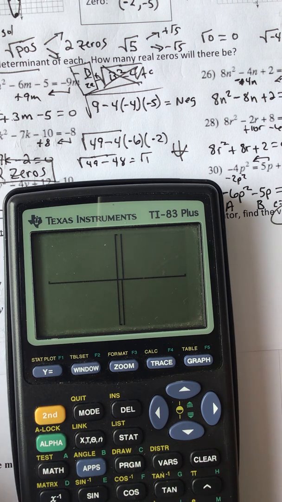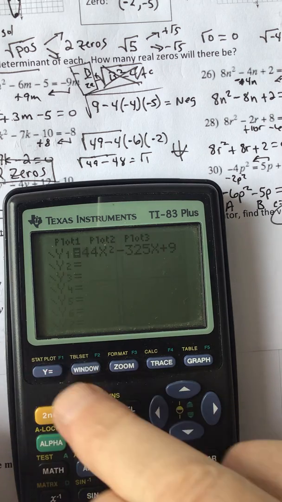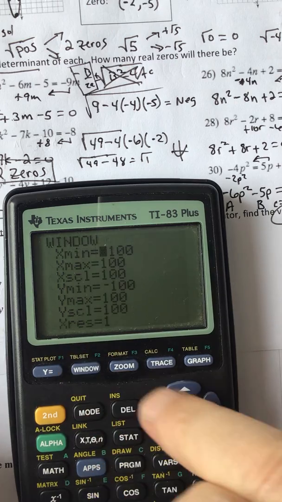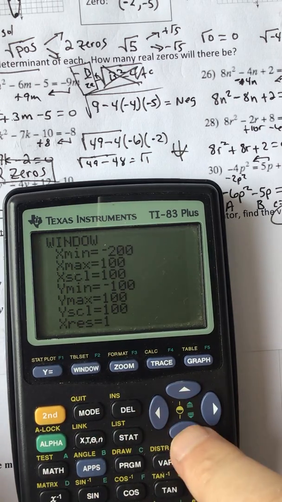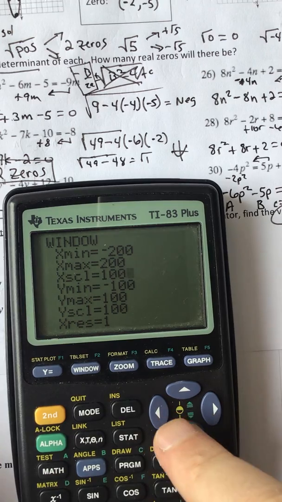Okay, so there it is. Still don't quite have it. Let me make sure I typed it all in right. Okay, well, how about I'll go out to 200. I'll count by hundreds.